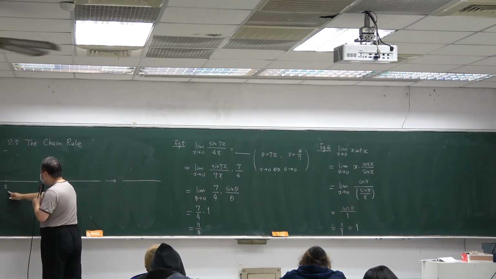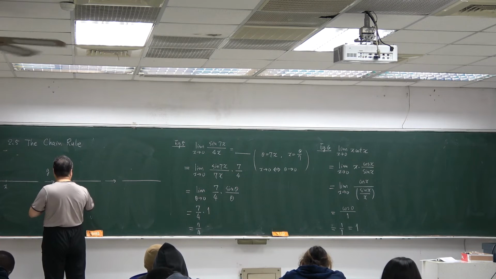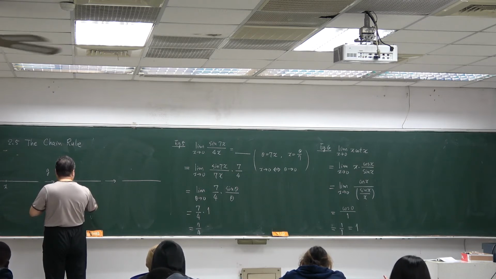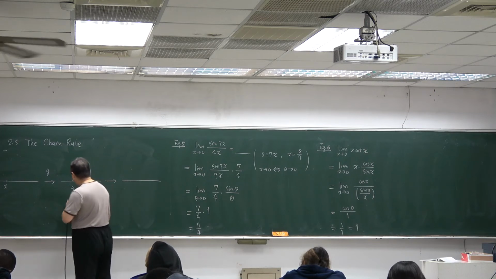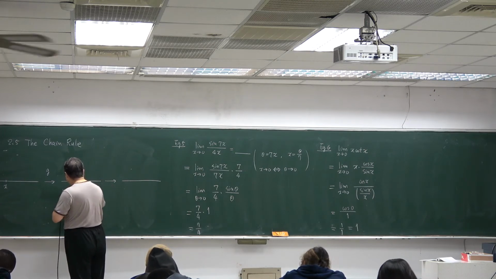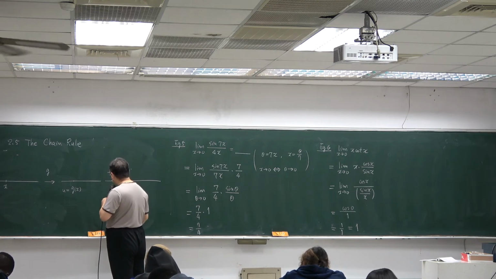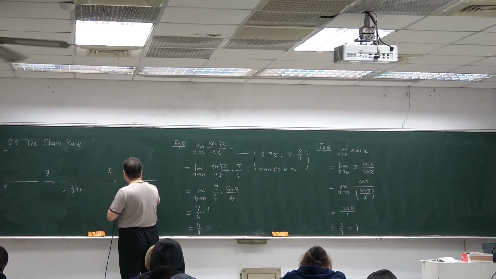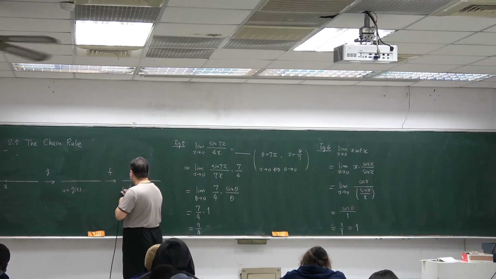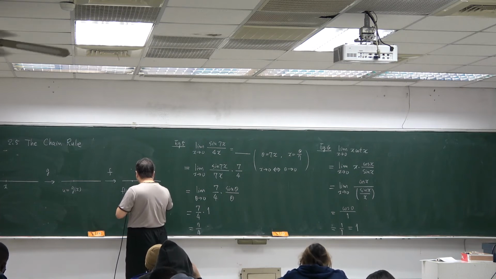A number x is mapped by this function g to this number g of x. Suppose this number is in the domain of another function f, then this number can be mapped by f again to f of u, or f of g of x.